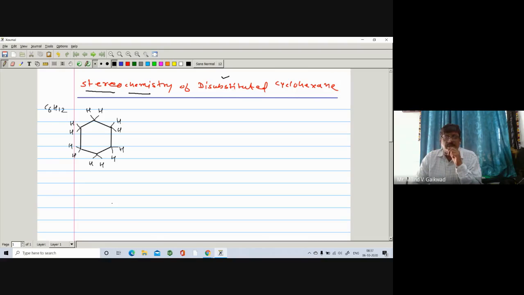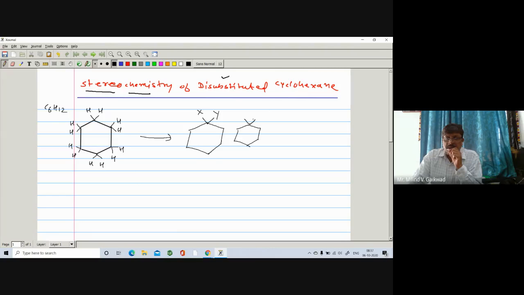So this cyclohexane, when you replace two hydrogens by a group like X and Y, it is called a disubstituted cyclohexane. So here what we'll do, we'll write this cyclohexane, and in this cyclohexane, you can replace the two groups either from the same carbon atom, so it may be the same or different X, Y group. It may be from 1 2 position.